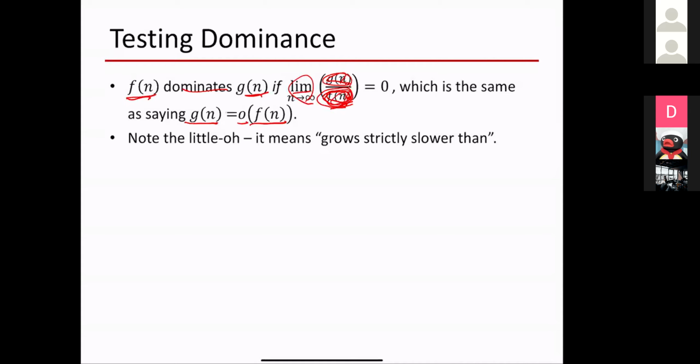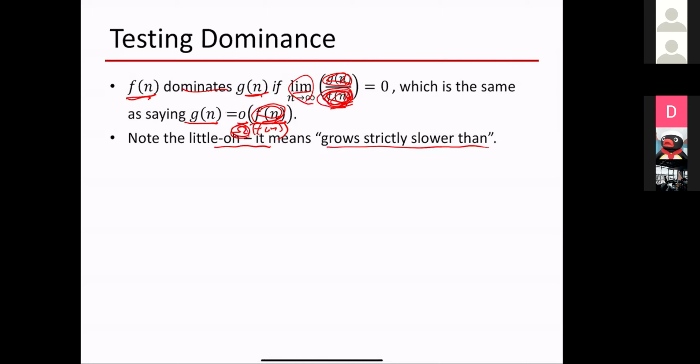So with little o, f of n dominates g of n. Clear? We can also say little omega of f of n, which means it is my lower bound, and this is my upper bound. Very tight. So little o means grows strictly slower than.